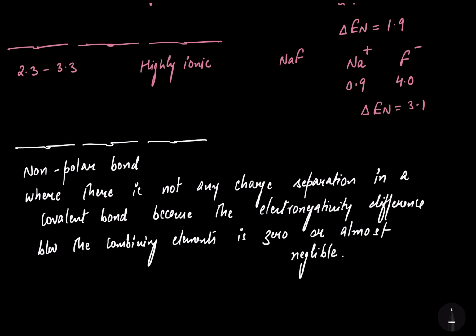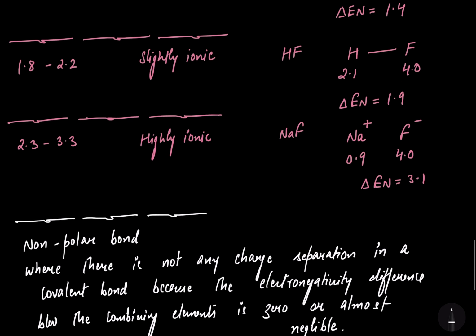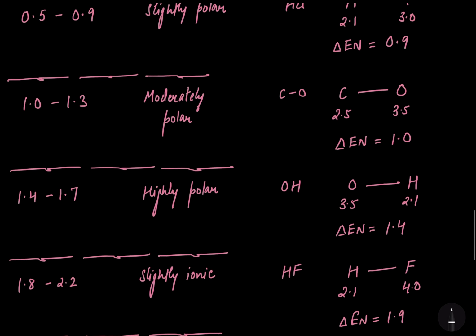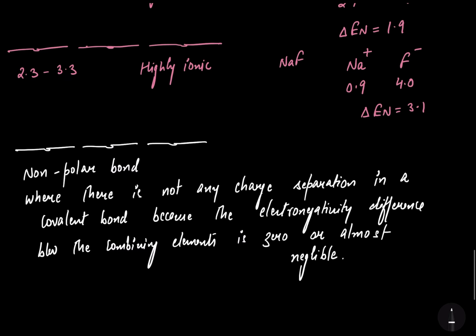We are not having any ionic character in it, or we can say the pure covalent bond is actually non-polar bond. That means I'm talking about the very first case when the electronegativity difference is in the range of 0.0 to 0.4. So that's all about the polar and the non-polar bonds.